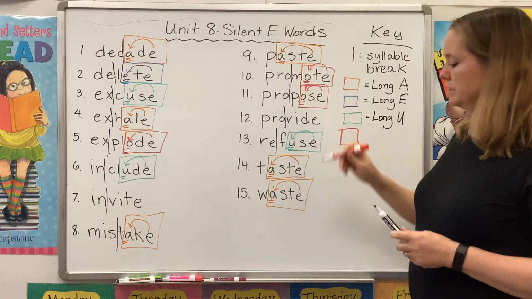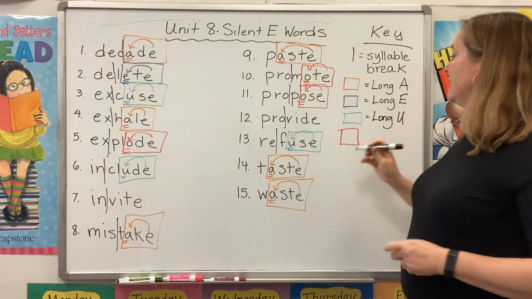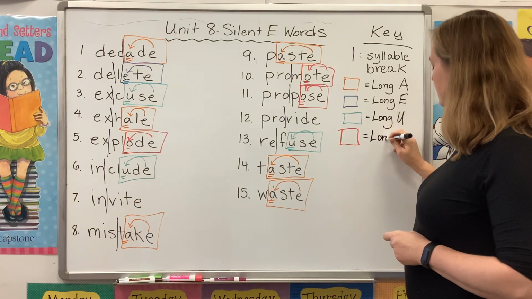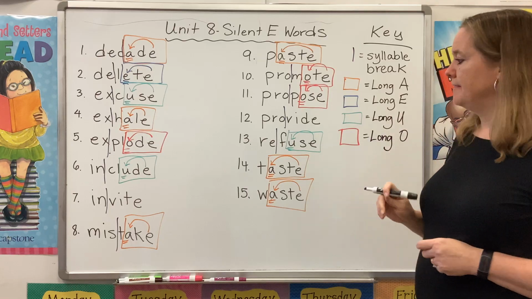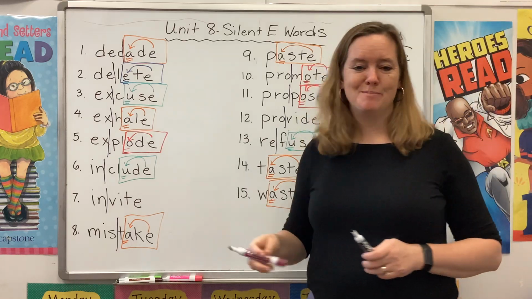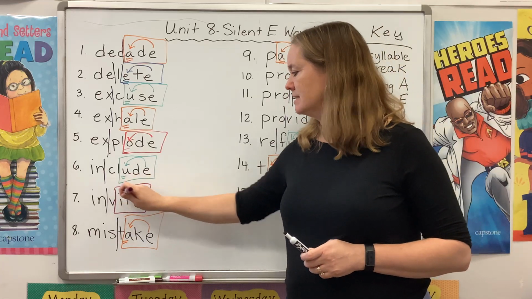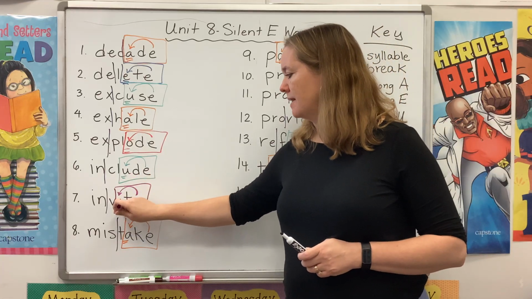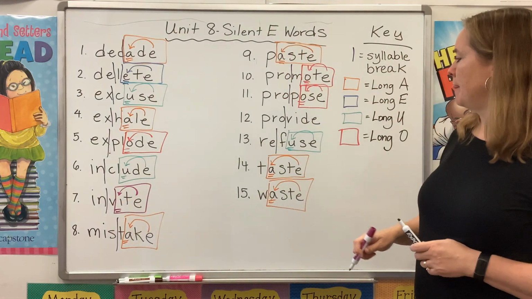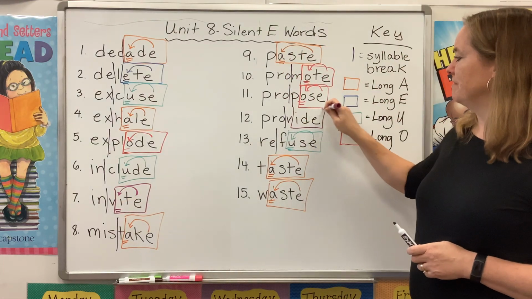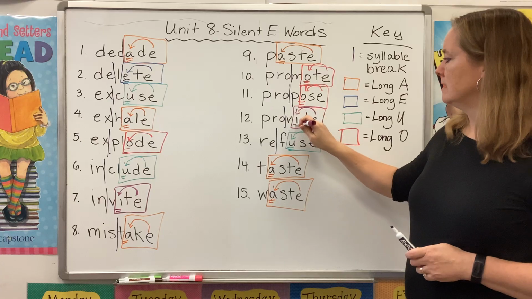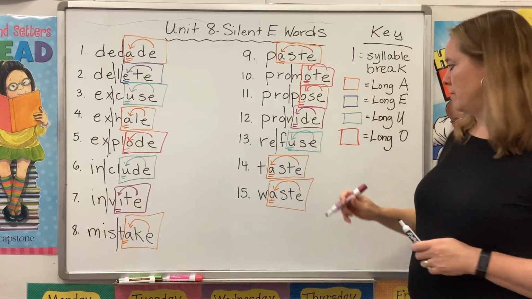All of these words contain a long O. And then of course we don't want I to be left out. So right here in the word invite, we're going to make the I say its name. And then in the word provide, the I will say its name as well.